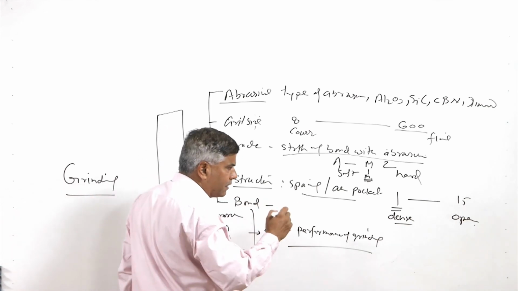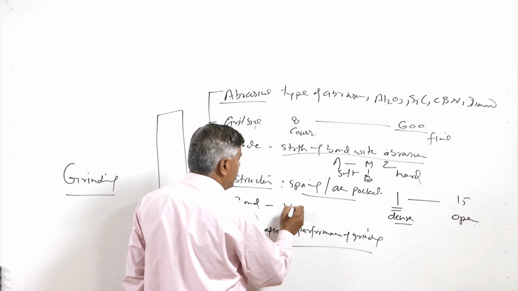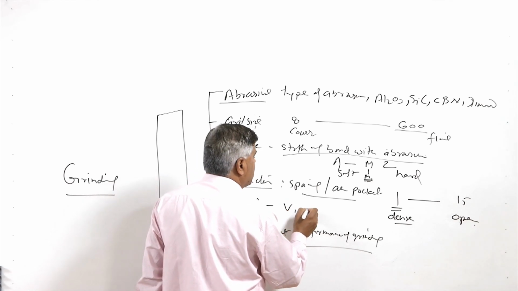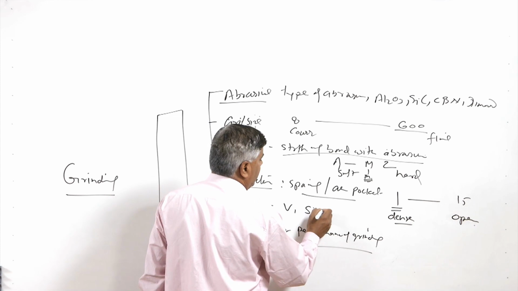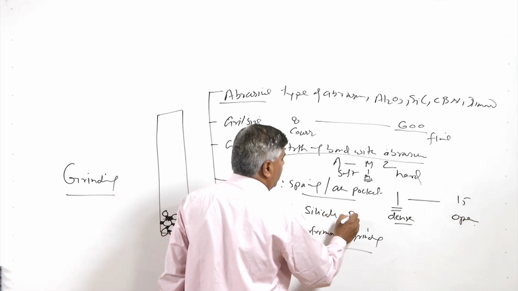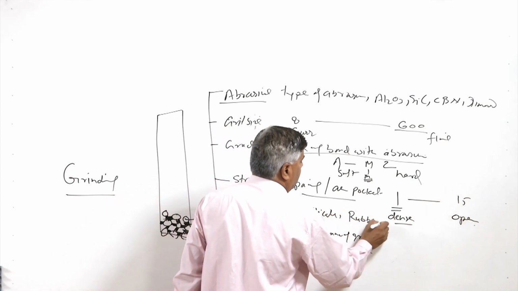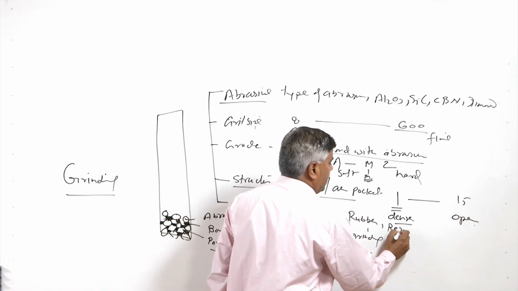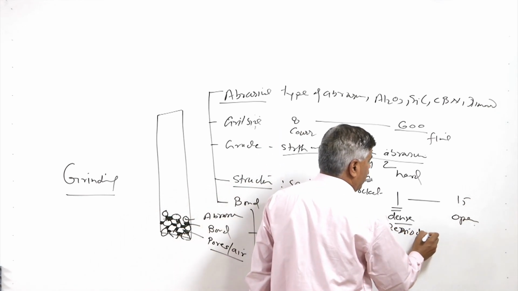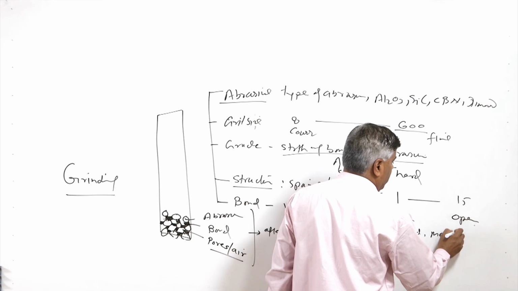The fifth is the kind of bond being used. There are various types of bonding materials like vitrified bond, silicate bond, rubber bond, resinoid bond and metallic bond.